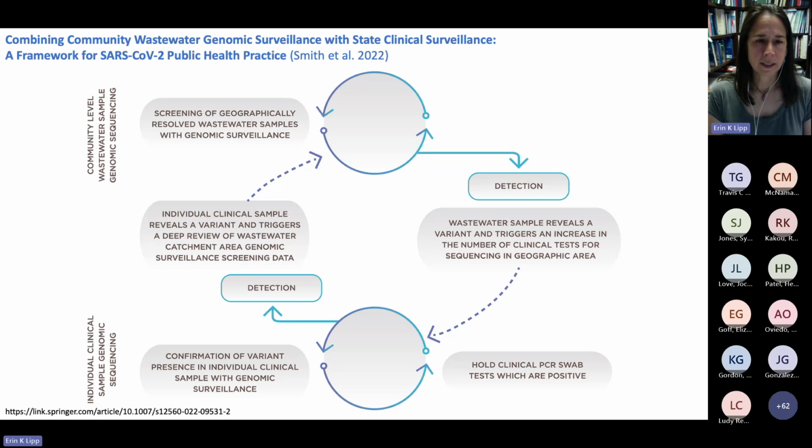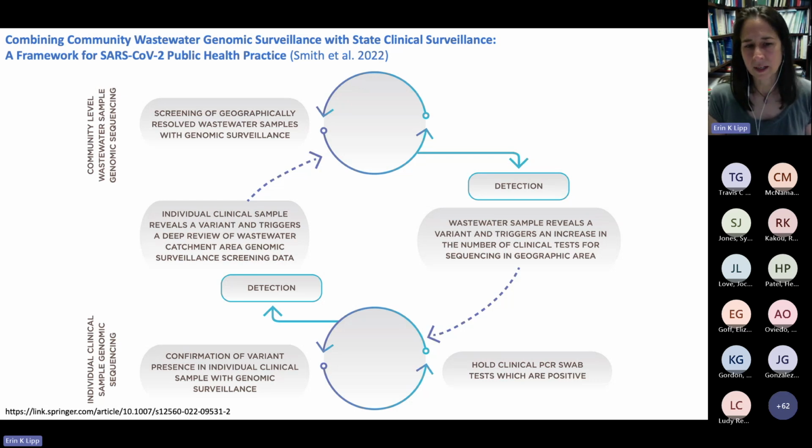When those are detected, that would indicate that we've got something going on. It's detected in the wastewater, then it's detected in your clinical sample. Sometimes a clinical sample might reveal something interesting that indicates maybe we've got a broader problem. Then you can go to the wastewater samples and see if that's happening on a population level.